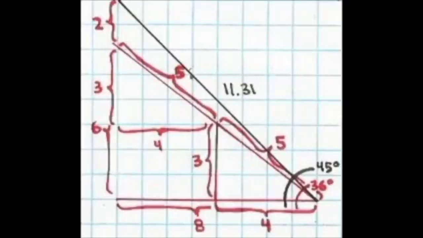The addition of a 3 by 4 rectangle of 12 unit squares completes the area of this larger doubled Pythagorean triple.